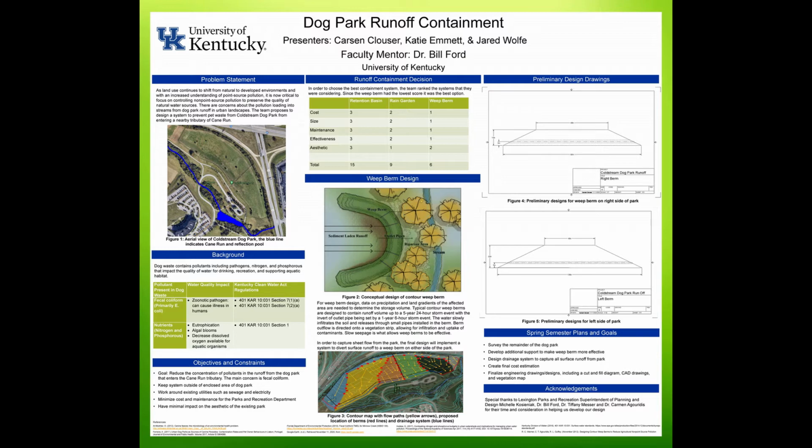The other primary pollutant is nutrients, including nitrogen and phosphorus. These cause eutrophication, which is when increased nutrients enter a water body, causing excess algal blooms and decreasing oxygen available for aquatic organisms.